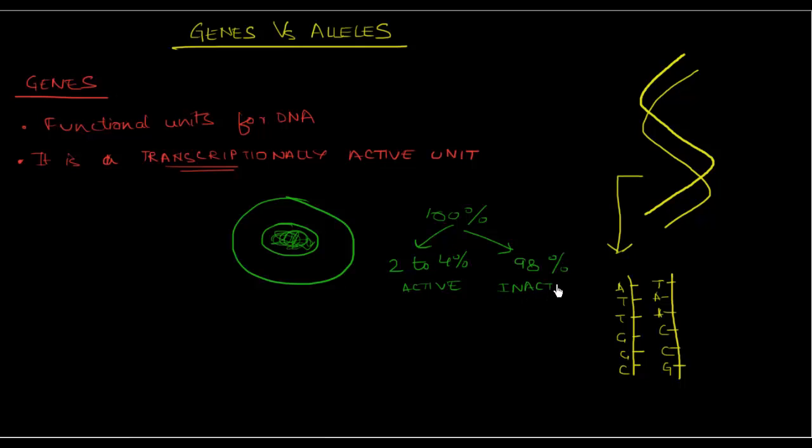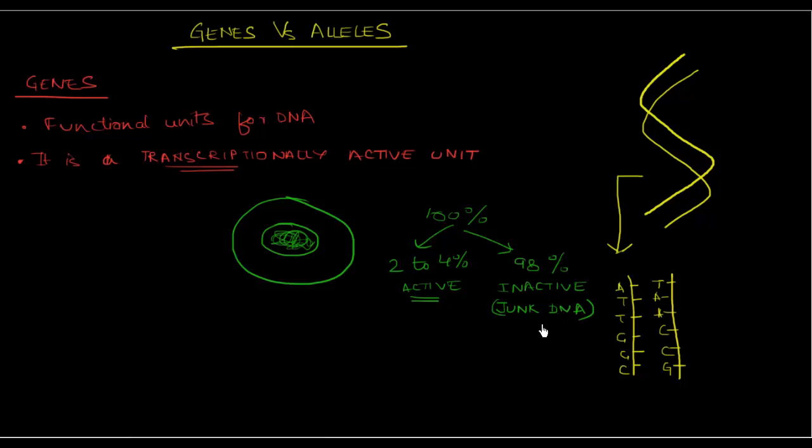What is meant by active and inactive? Active is something which is capable of transcribing into a protein or forming a protein, whereas inactive is something which is not capable of forming any protein. It's just junk. For that matter, this is commonly referred to as junk DNA, which is not doing anything, just sitting inside.